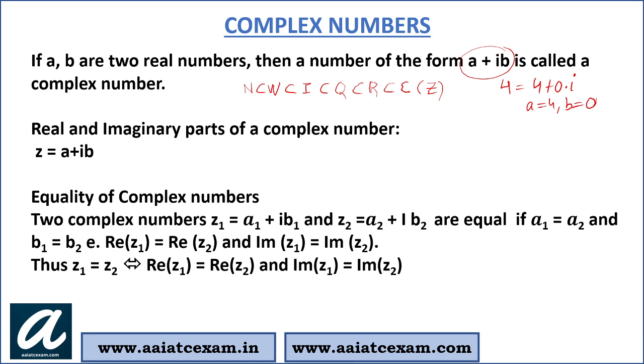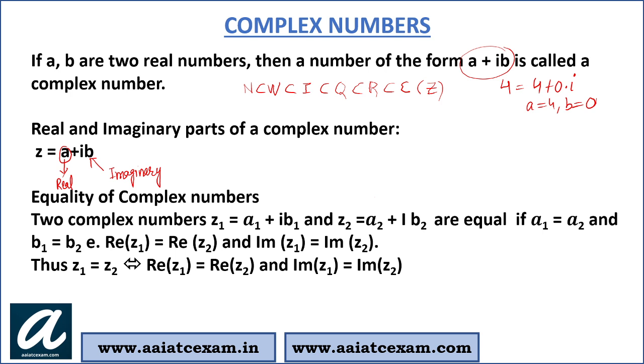Students, whenever you are writing z equal to a plus iota b, this a is called the real part of z, and b, the term with iota, is called the imaginary part of z. So what is the real part of z? It is a. What is the imaginary part of z? This is only b.